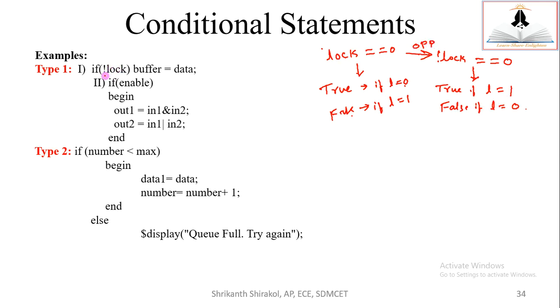Fine. So now you just see here, if not of lock, there is no logic mentioned, right? Rather than mentioning this, not of lock equal to 0, we can mention it in this way, equal to 1.